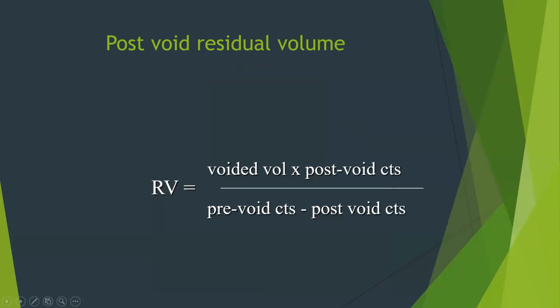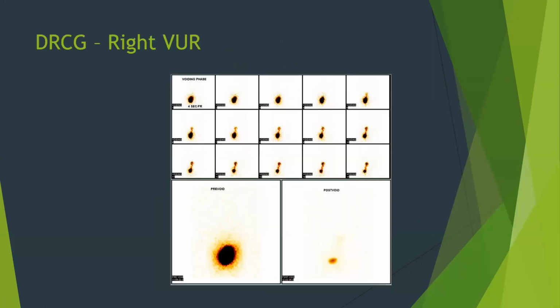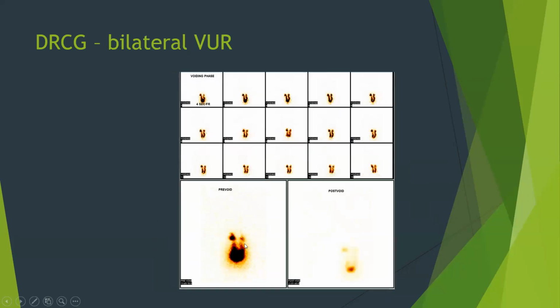We can also calculate the post-void residual volume based on the counts. This is another child showing right-sided VUR. We can see the tracer in the bladder refluxing into the right-side ureter. And this is a patient showing bilateral VUR. We can see reflux of tracer in bilateral ureters up to the renal pelvis bilaterally.